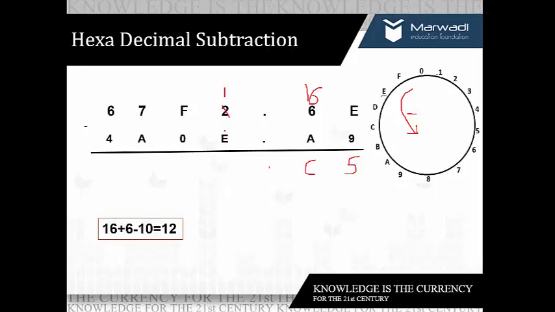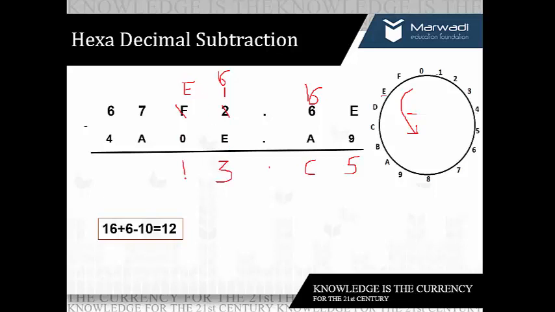1 minus E, not possible, so I would be taking a carry over here. 16 plus 1 is 17, minus E, which is 14, so 3.